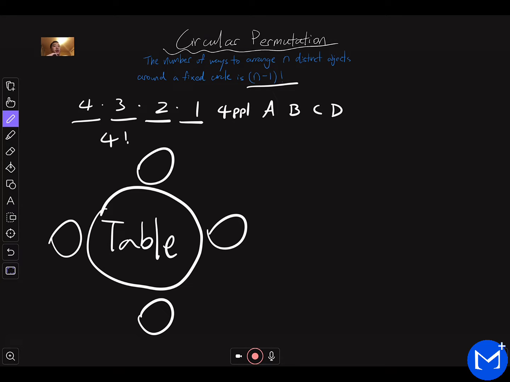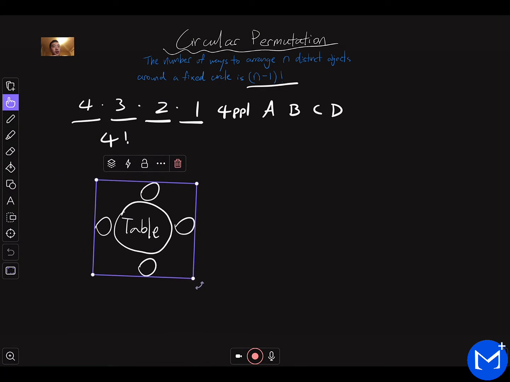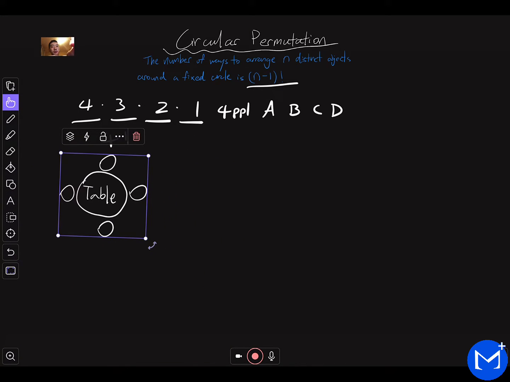How many ways are there to arrange A, B, C, and D in those 4 spots around the table? Well, it's not exactly 4 factorial this time, and I'll talk about why. I'll make this smaller so that it doesn't take over too much space.